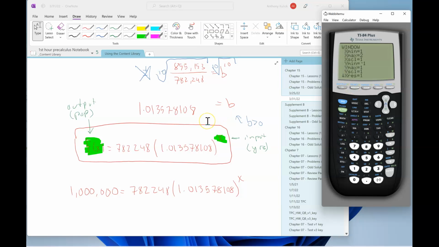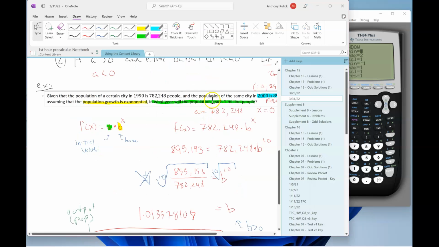All right. So let's think about the window range here. Let's go back and revisit this actual problem. When we said 1990, 782,000, yada, yada, yada, this was basically the 0, 782,000, right? Everybody's cool with that?